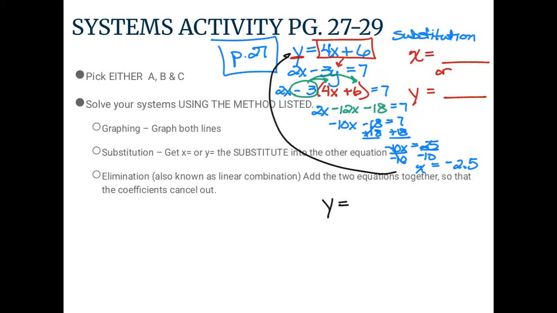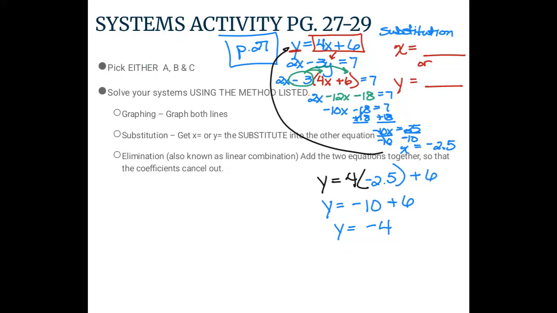So y equals 4 times my x value of -2.5 plus 6. y is equal to -2.5 times 4, which is -10, plus 6. y equals -4. That's weird. Isn't that what you said? That is really wonky.